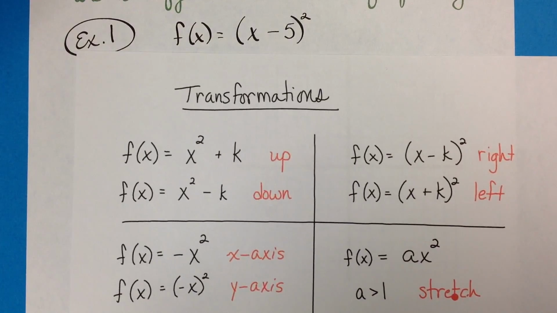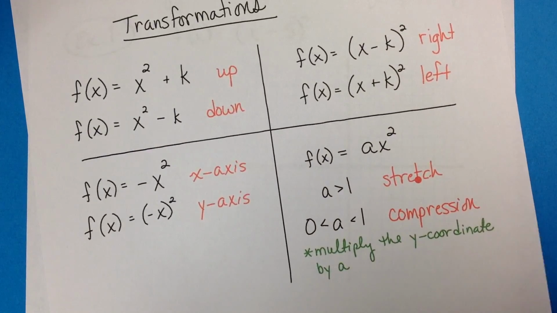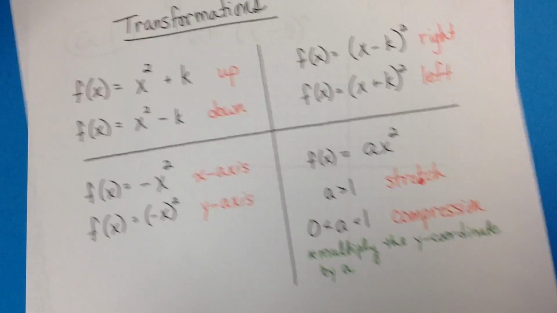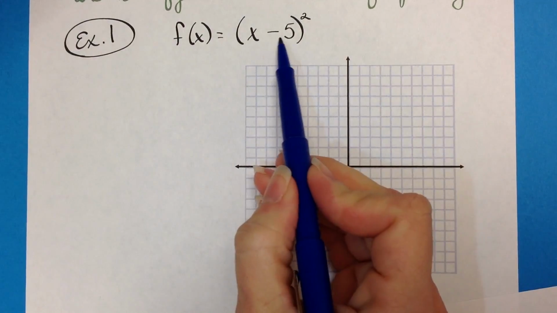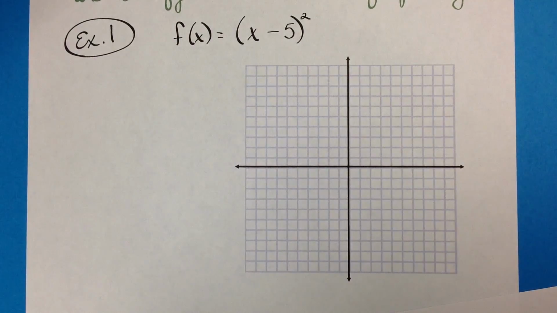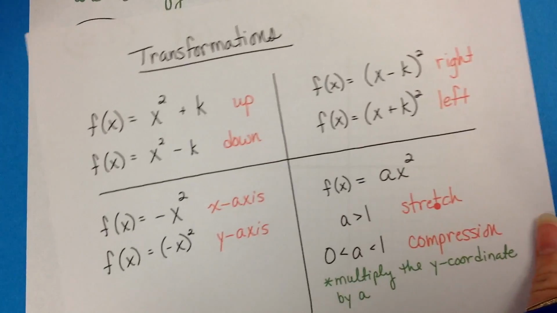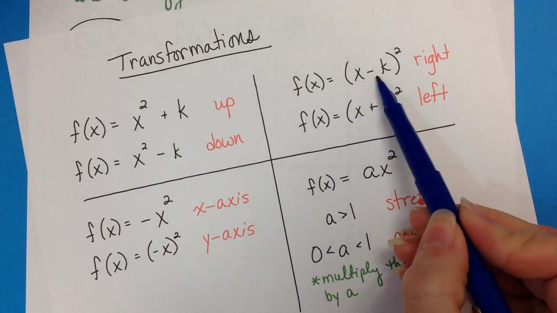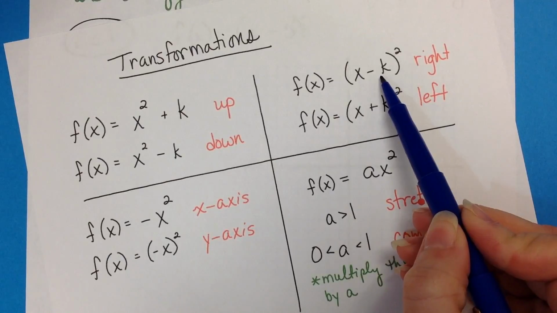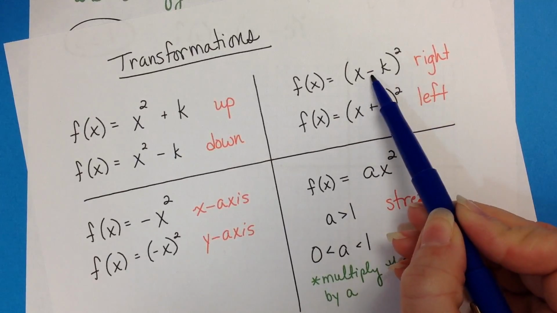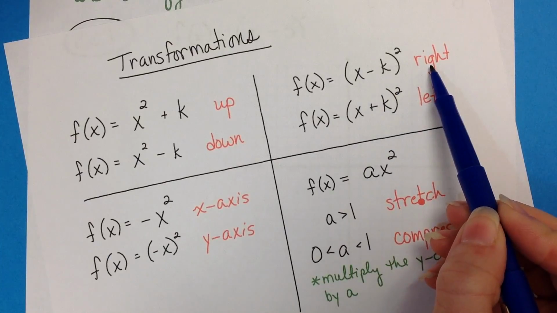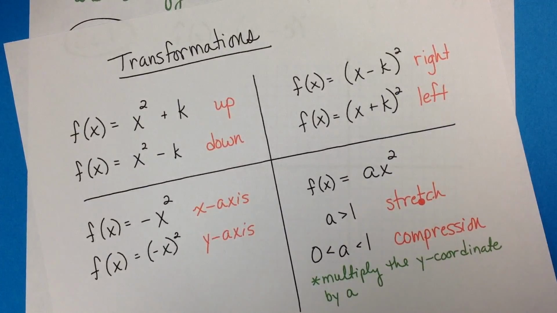Of course, this is the list of transformations, same thing that you would have written in your notes earlier. If you notice the location that you have here of the -5, that's going to be the situation where I have -k. So the fact that this is inside the parentheses, and of course the minus, that means that this graph is going to shift to the right 5 units.